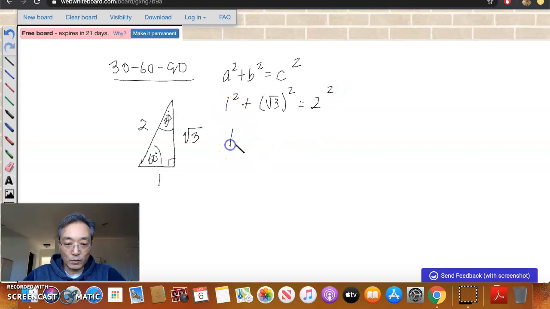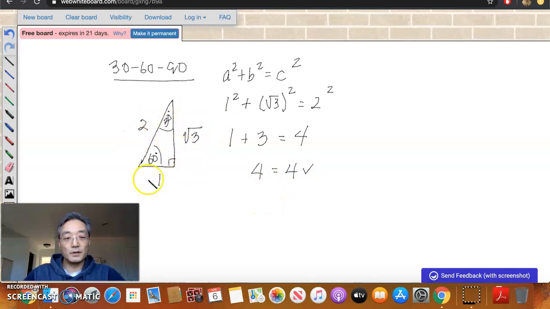So 1 squared is 1, plus radical 3 squared is 3, right? Because the square root and the square are inverse functions, so they cancel each other out. Just going to get 3. And what is 2 squared? That's 4, right? So 1 plus 3 is 4, and that is equal to 4. That is correct. So these 3 sides work. They satisfy the Pythagorean theorem.